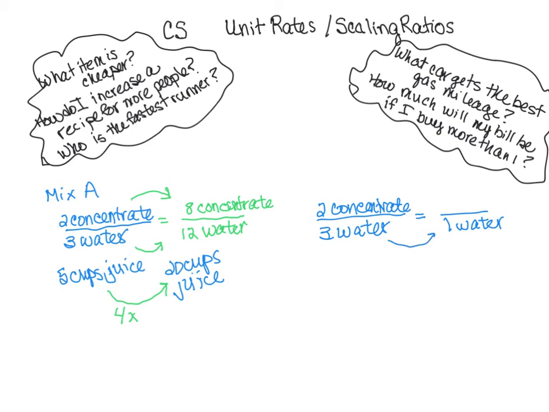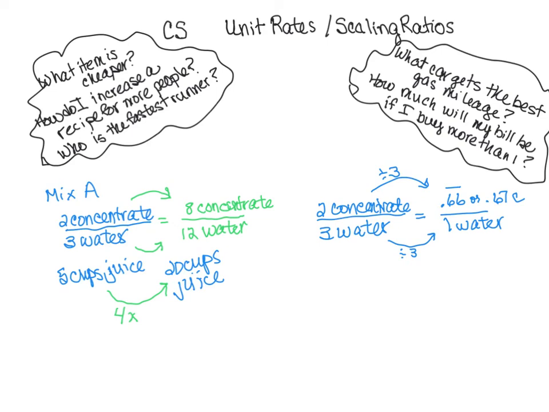Well, I'm dividing by 3. So I'd have to divide the top by 3. And I would get 0.66 repeating, or 0.67 cups of concentrate. So for every cup of water, I know I have to put 0.66 or 2/3 cups of concentrate if I used a fraction.